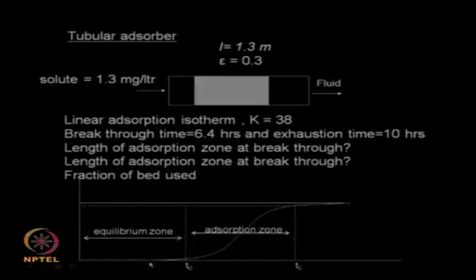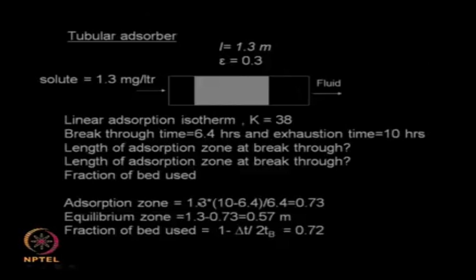This is the breakthrough curve, the x axis is your time. So your graph starts like this and then it goes in a sigmoidal fashion and it flattens out. So this is called the breakthrough time and this is called the exhaustion time, and this region is called the equilibrium zone and this region is called the adsorption zone. Okay.